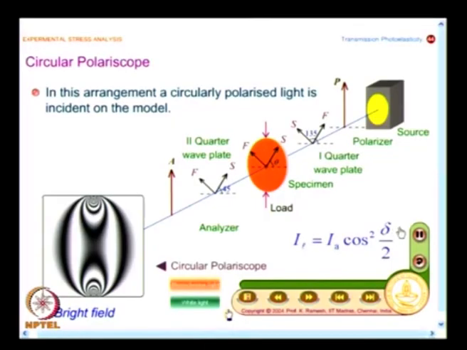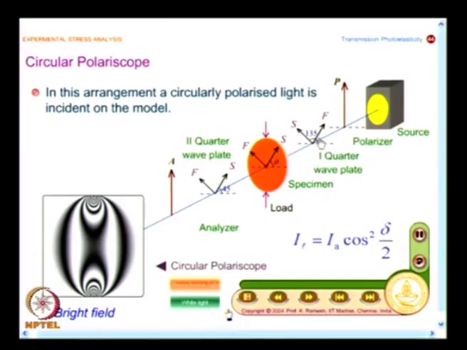So, even without getting into trigonometry, we have been able to logically explain how in a circular polariscope you see only isochromatics, and you also have a dark field and bright field that give you physical information which you can interpret. In the case of a plane polariscope, we only use dark field, we do not use a bright field in conventional photoelasticity. Let us look at one more statement.